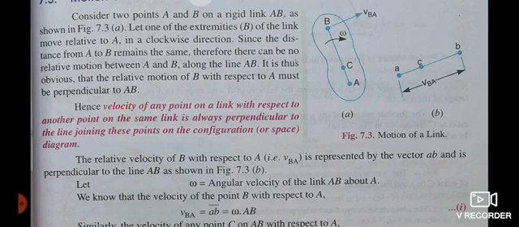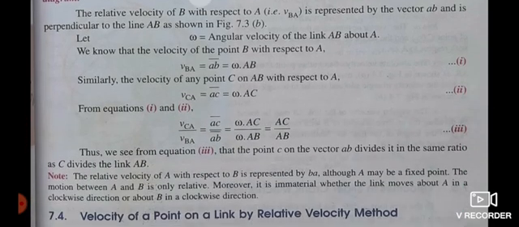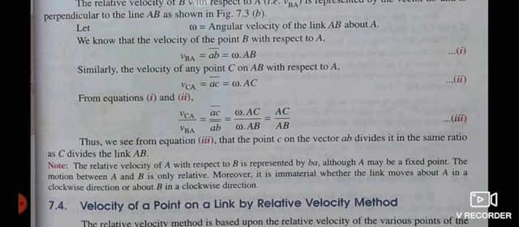Let omega be the angular velocity of link AB about A. We know that the velocity of point B with respect to A, VBA, equals ab vector, that is equal to omega times AB. This is equation number 1.